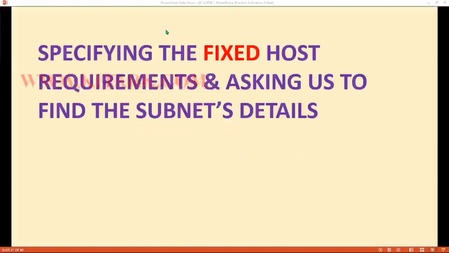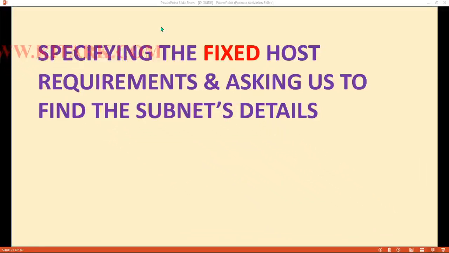So we'll see the 5 types of questions next. First, we'll have a look at specifying the fixed host requirements and asking us to find the subnet data. Here they will tell you how many hosts they need on a subnet. Remember, in each subnet the host numbers are going to be fixed. So in any number of subnets you will get an equal amount of hosts.